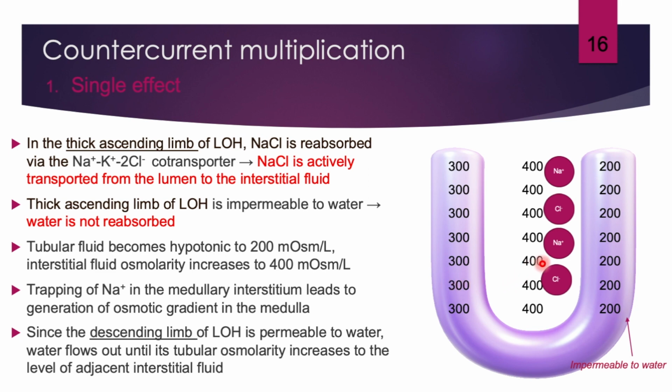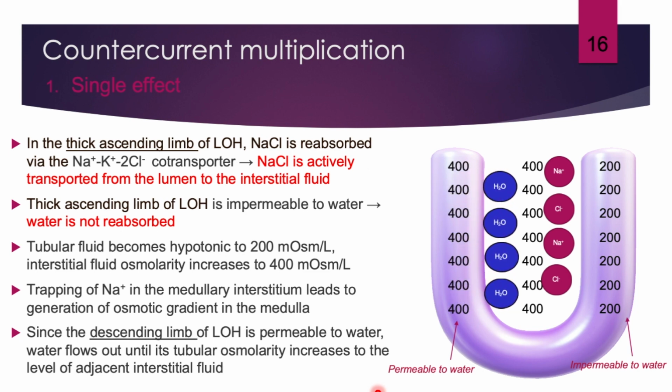Because of higher osmolarity in the interstitium, water will flow out of the descending limb into the interstitium. The osmolarity in the tubule will increase to about 400 milliosmol per liter because of this water reabsorption. The water reabsorption process will stop when the osmolarity in the tubule is similar to the osmolarity in the interstitium. So this is single effect.